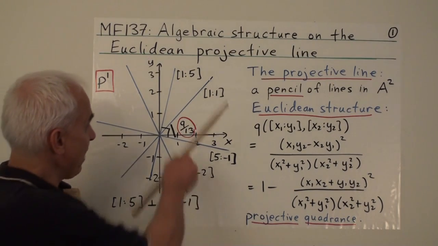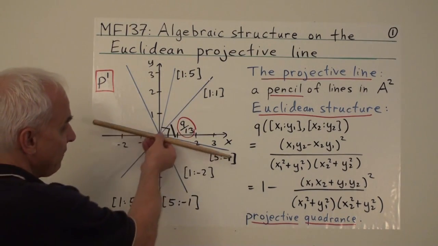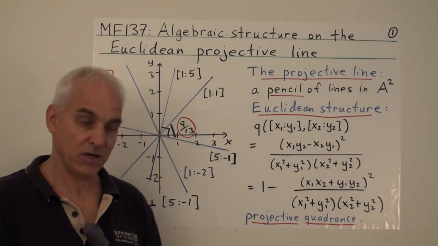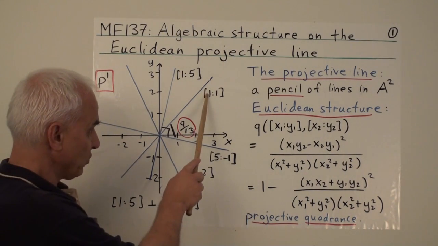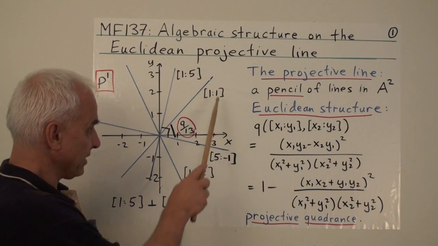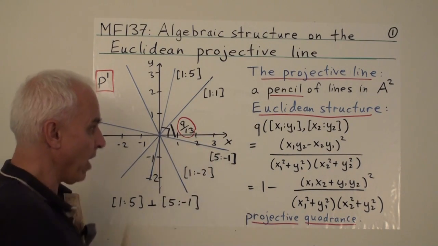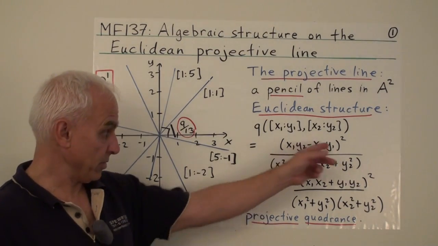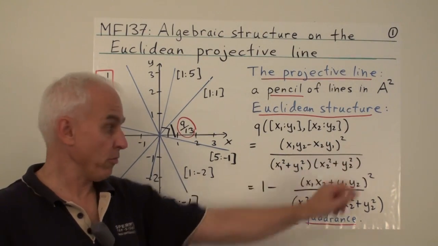So, for example, if we have the line [1,1] and the line [5,-1], and we compute with the first definition, we take x1 times y2 minus x2 times y1. So that's minus 1 minus 5, or minus 6. When we square it, we get 36 in the numerator.